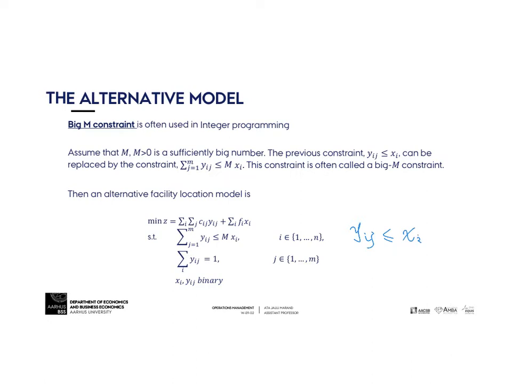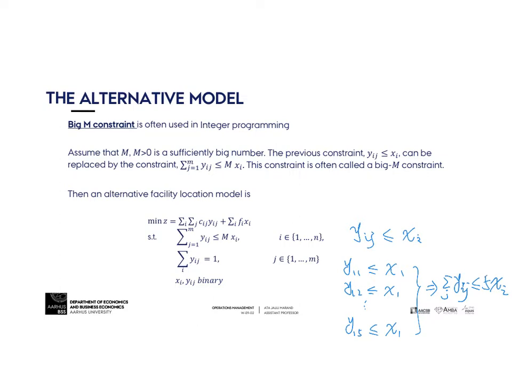So if we take an example, y_11 should be less than or equal to x_1, y_12 should be less than or equal to x_1, and y_15 should also be less than or equal to x_1. So if we sum up these constraints together, you can see that the sum of y_ij over the total number of customers should be less than or equal to 5 x_i.